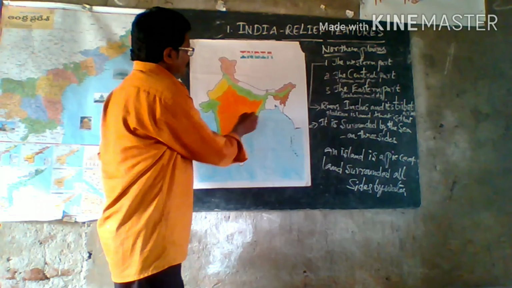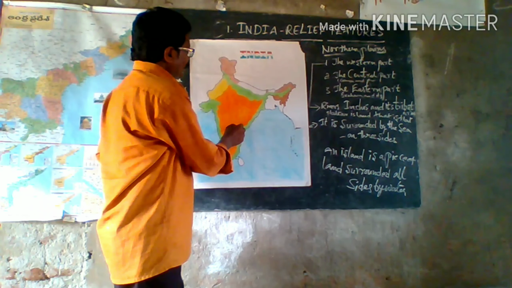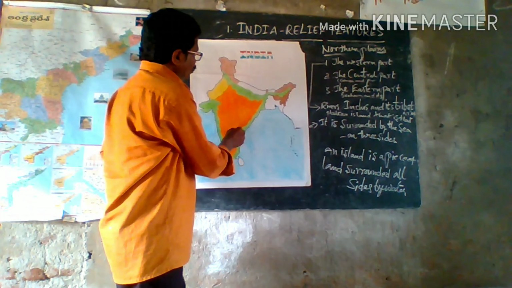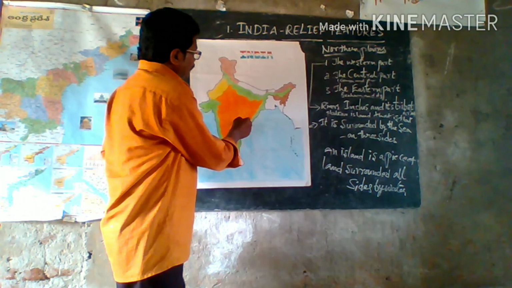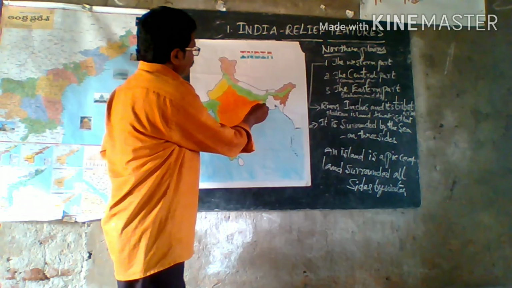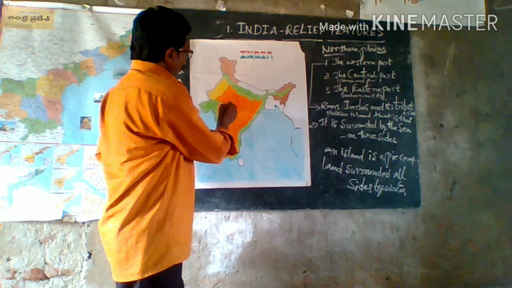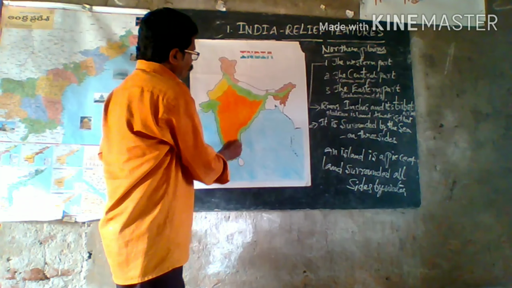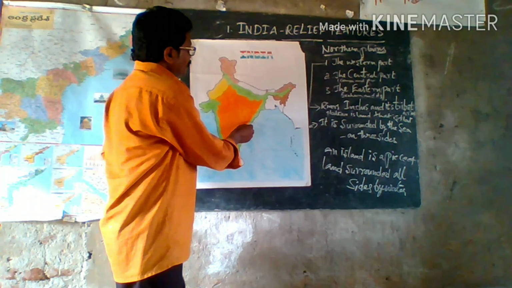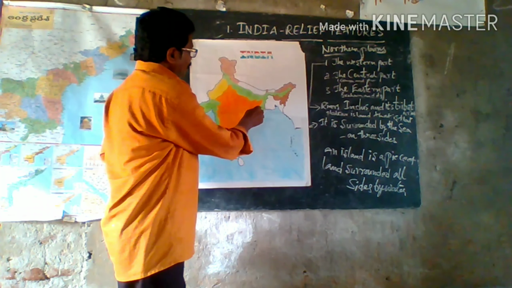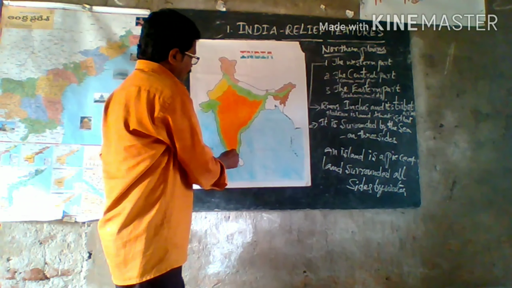Where are the Eastern Ghats located? The region between the peninsular plateau and the eastern coastal plains is called the Eastern Ghats.